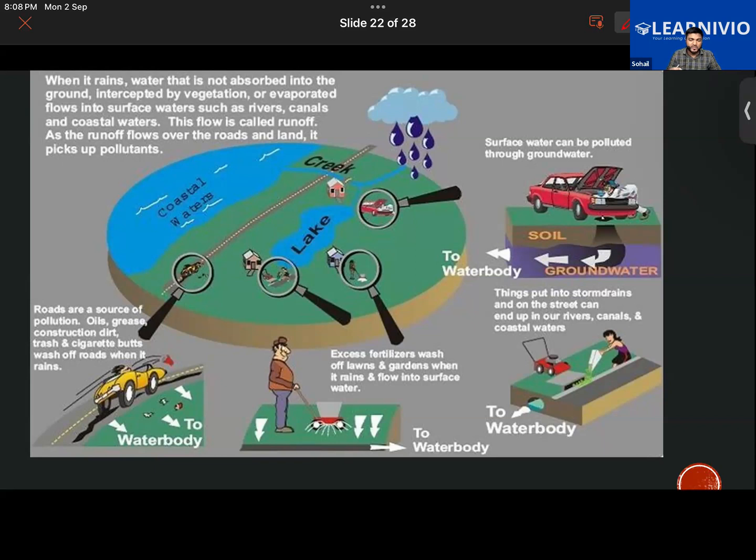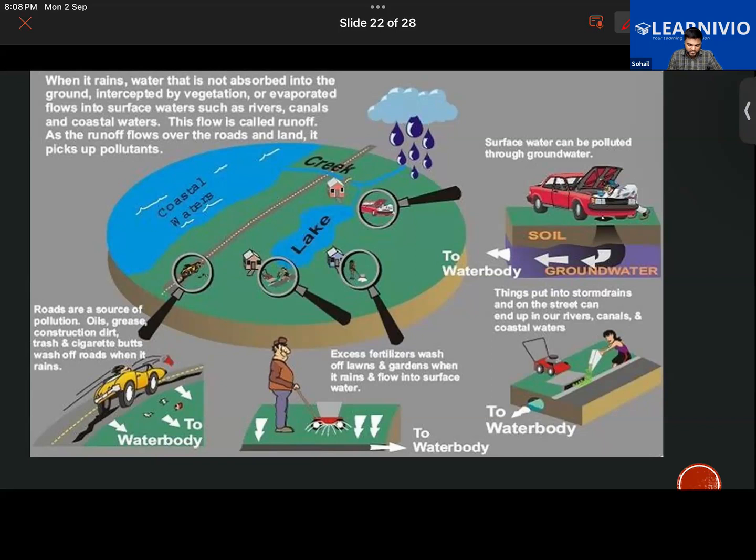So in the rainy season, when water is accumulating on the road, that is basically called runoff. As that runoff water flows over the road and land, it picks up lots of pollutants. Ever seen how the streets in India look in the rainy season? Lots of pollutants are in that water, and eventually all those pollutants will end up in a lake, a sea, or an ocean.